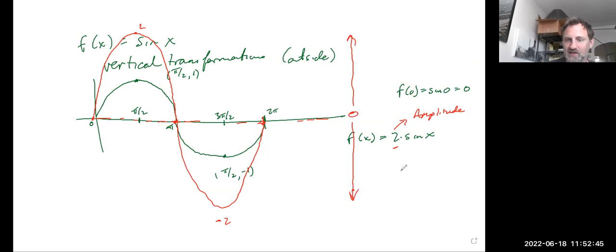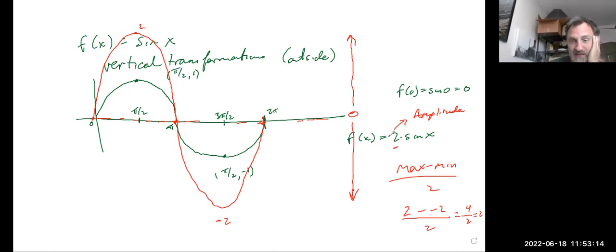Another way to think about it is max minus min divided by 2. Because if the top is at 2, the bottom is at -2, then the distance between them is 4. And if I take half of that, then the answer is 2. That's my amplitude. So this number in front is just telling me how big the sine wave is in terms of how high up it goes and how far down it goes.